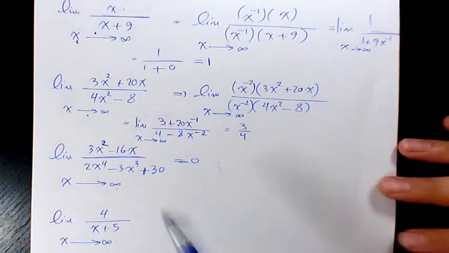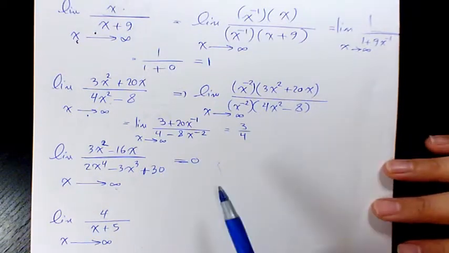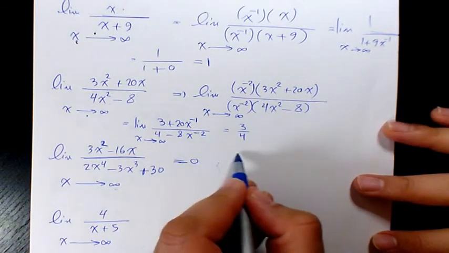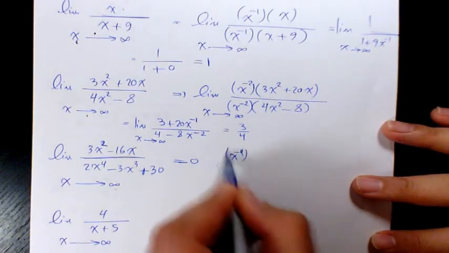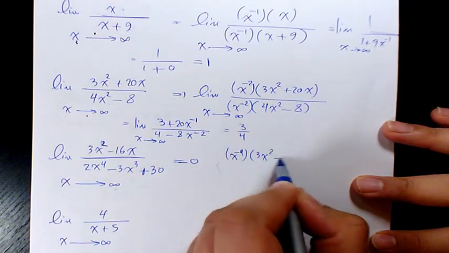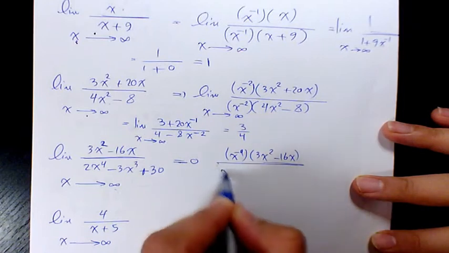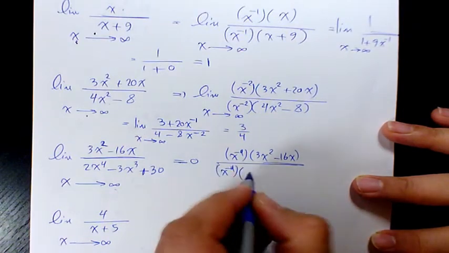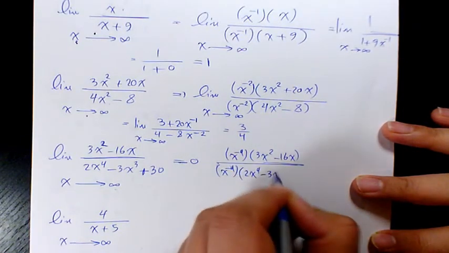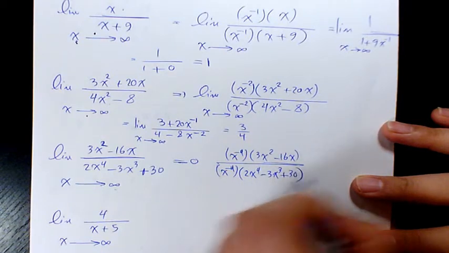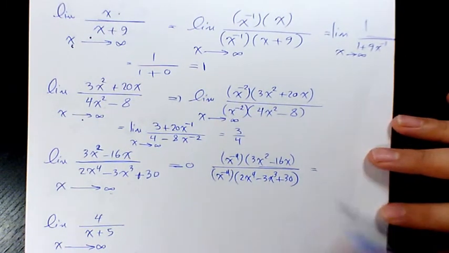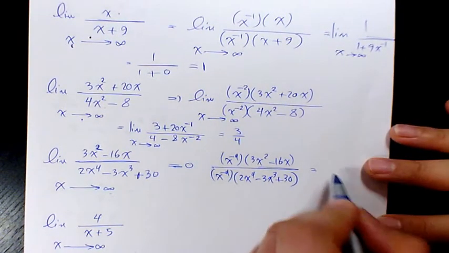Or what we can do is multiply both numerator and denominator by x to the power of negative 4, and what you will see is that the answer is going to be 0 over 2, which is going to be 0.